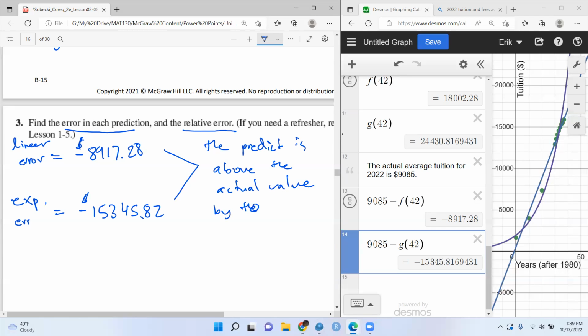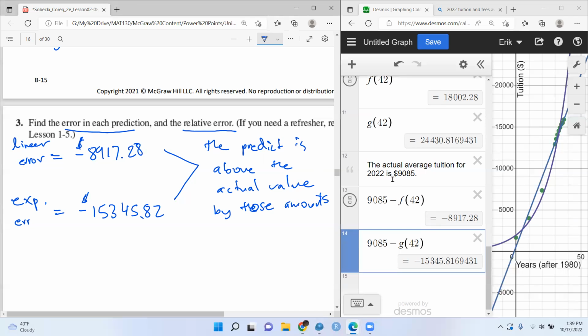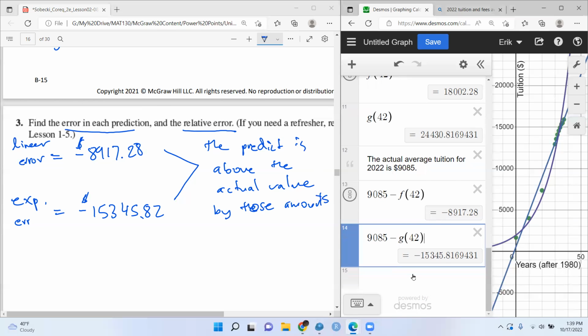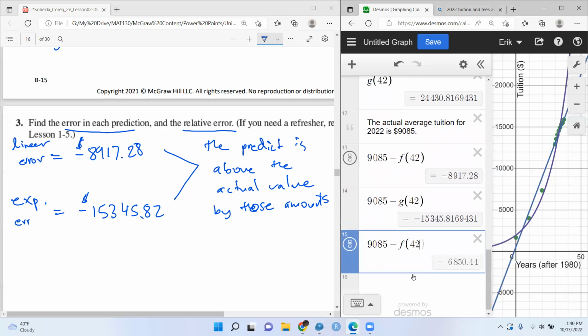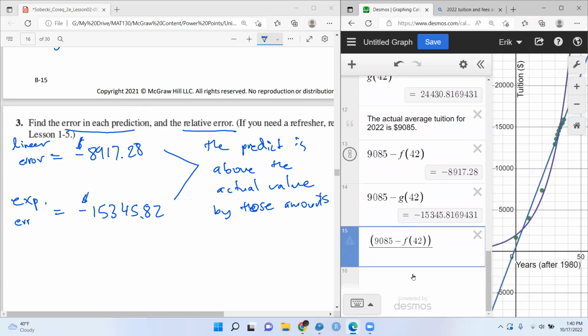So then the relative error is just these things divided by the, so it'd be the 9085 minus f of 42 and all that divided by f of 42.